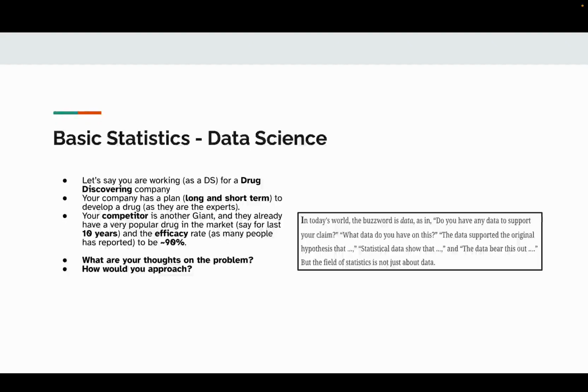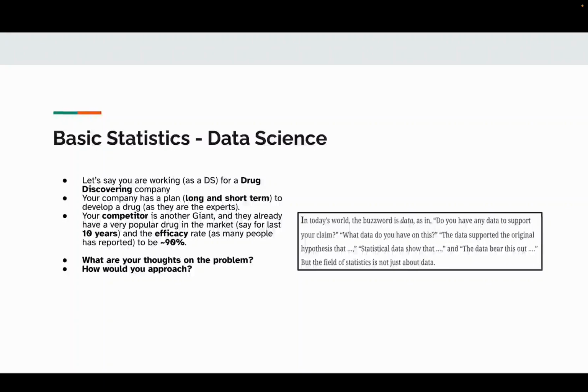Let's say you are a new data scientist with a big role for a company in the drug discovery business. Your company is planning to develop a drug because they are the experts in that field. Your role as a data scientist is to help the company set up some short-term and long-term goals for developing this drug.